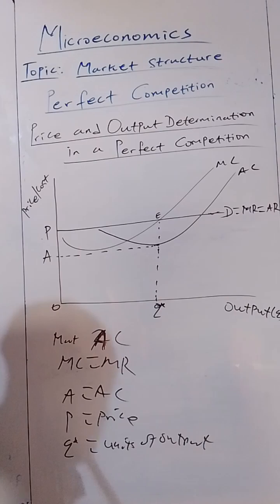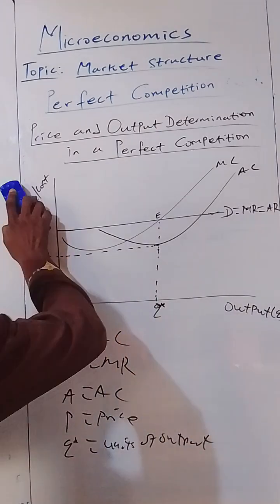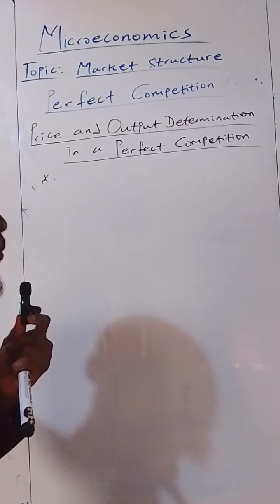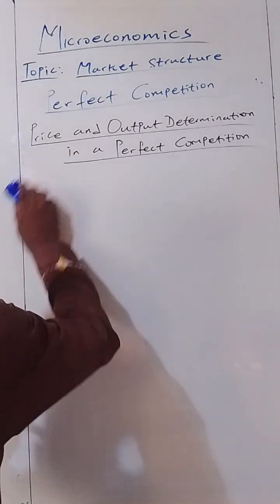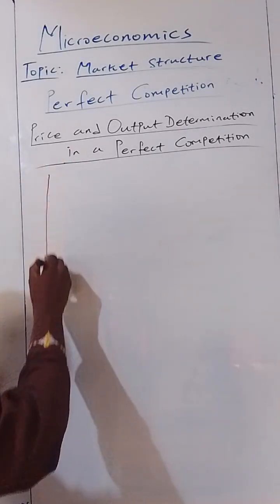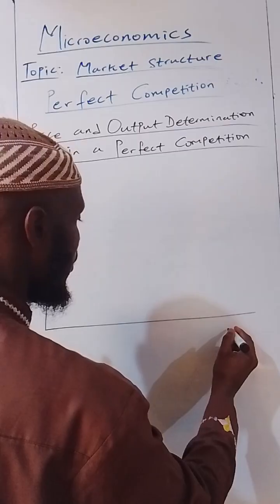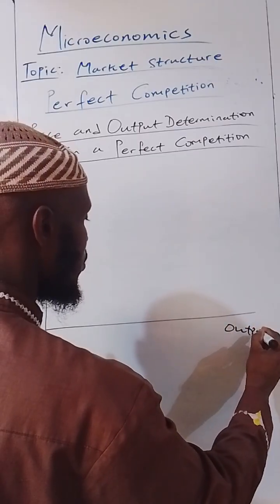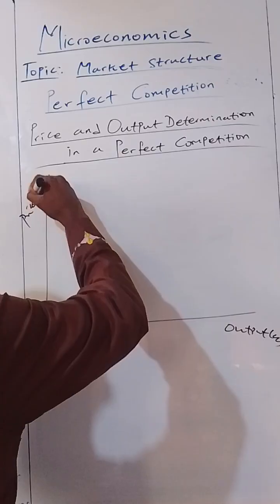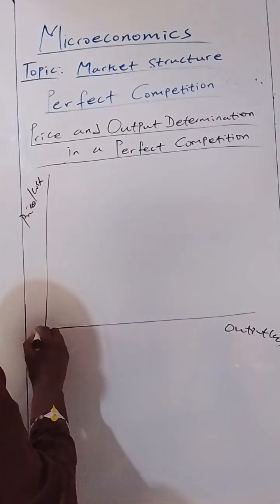So another thing you need to pay attention to that I need to explain is this. Let's say for this diagram we have output, small q, we have price, and we have cost.